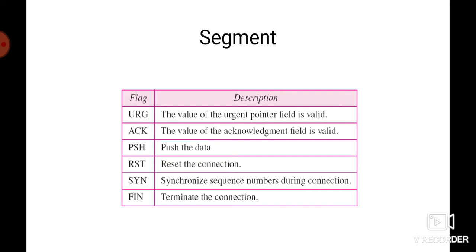If any data is urgent and this URG field is one, then the receiver, or the intermediate router, can immediately transfer that particular data because it is urgent. Next is ACK. It has value 1 when the data we are transmitting is an acknowledgement. PSH is to push the data. RST is to reset the connection. SYN is used to synchronize the sequence number during connection. FIN is used to terminate the connection.